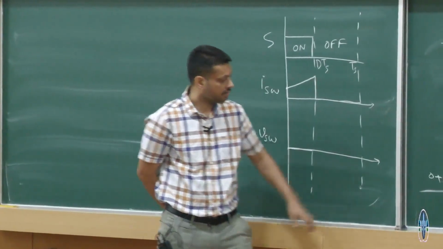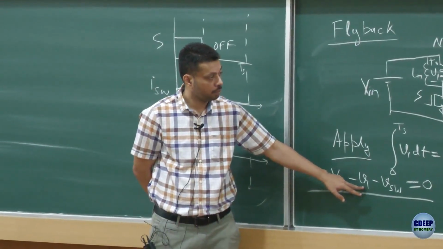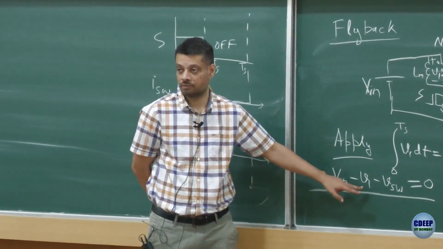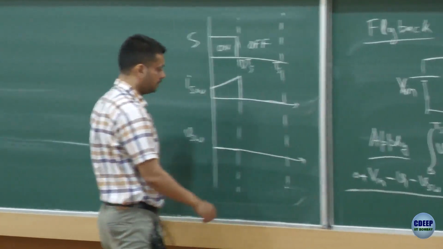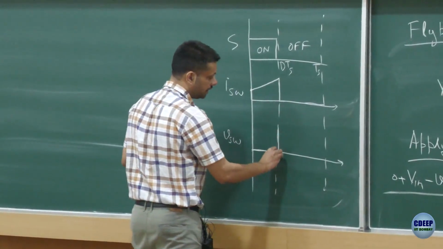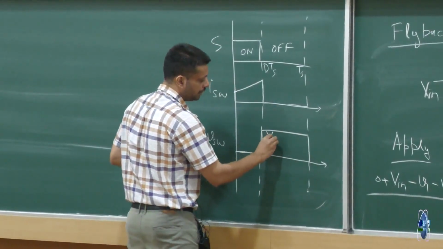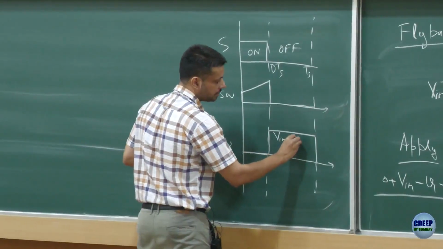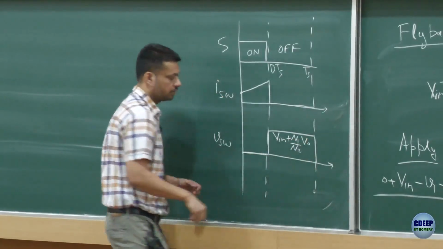So when the switch is off, V1 is equal to minus N1 by N2 times V0, so it will overall become plus. Vsw, you can take on that side. So it would be a positive quantity whose value would be equal to Vin plus N1 by N2 times V0.